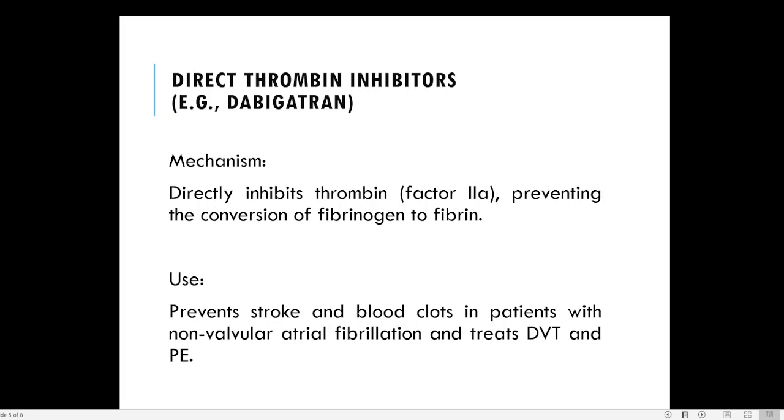Atrial fibrillation, as I told you earlier, is an irregular heart rhythm, and they also treat DVT, deep vein thrombosis. That is the meaning of DVT. And PE. So this is some idea regarding the different types of anticoagulants.